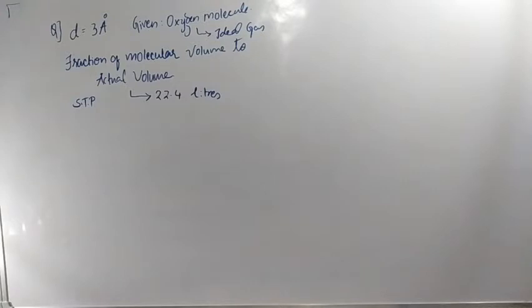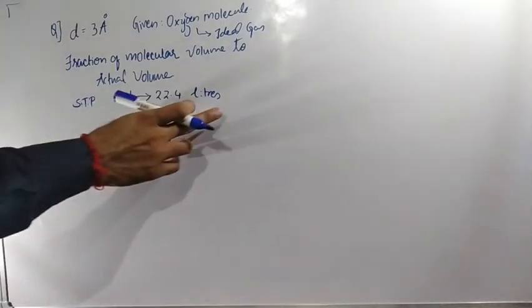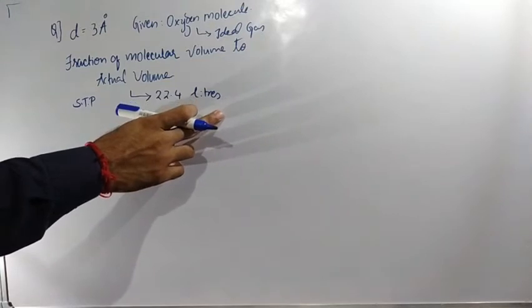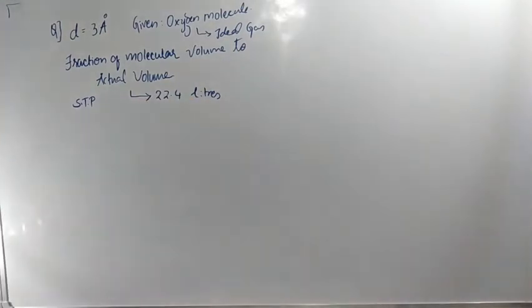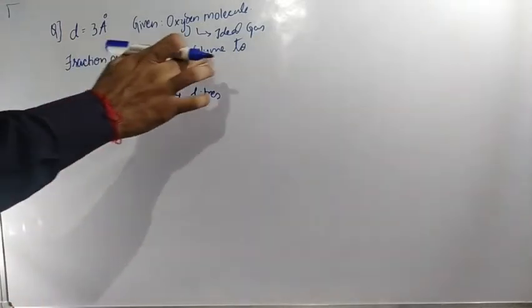In physics, we treat all gases as ideal gases. So for oxygen treated as an ideal gas, the actual volume for 1 mole is 22.4 liters, which we already calculated. But now we have to calculate the molecular volume.